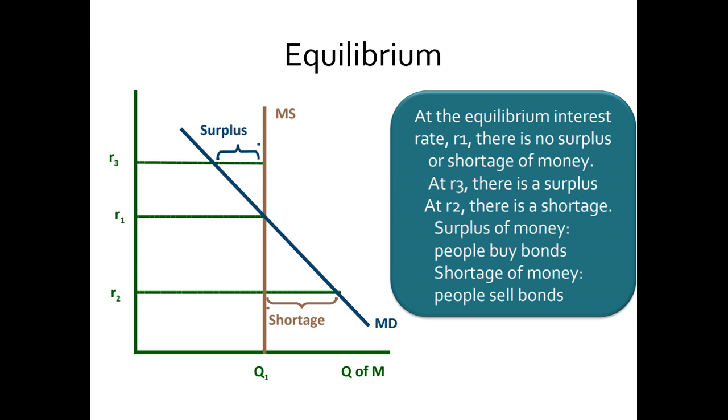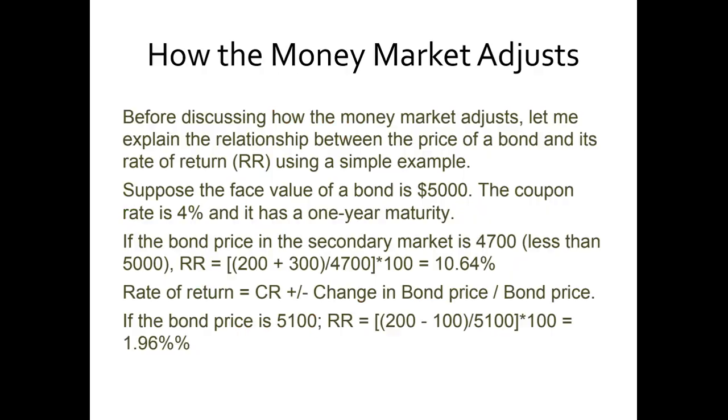We'll discuss this process, but before that, let me discuss the important relationship between interest rate and price of bond. So before discussing how the money market adjusts, that is, if you have surplus, then the surplus will be eliminated, let me explain the relationship between the price of bond and its rate of return, RR, that is interest rate technically, using a simple example.